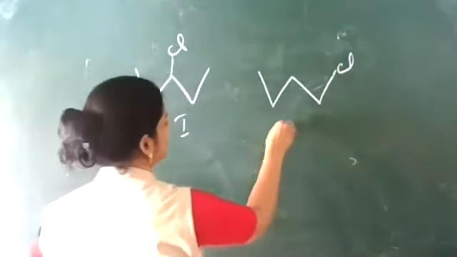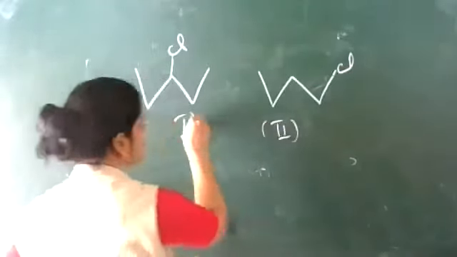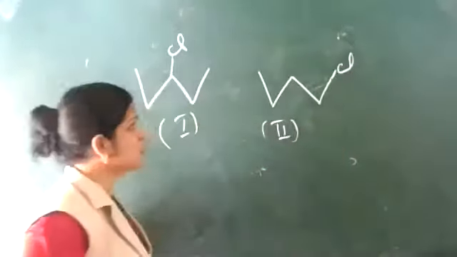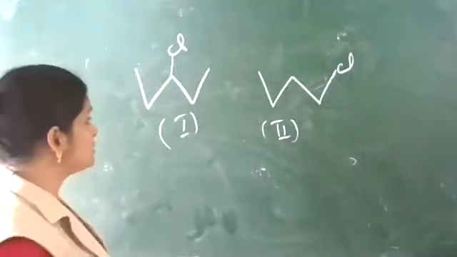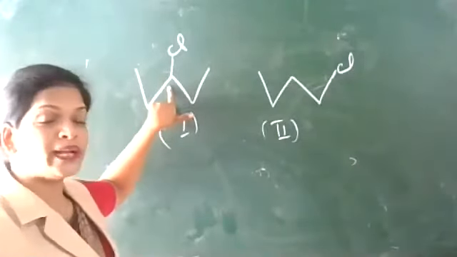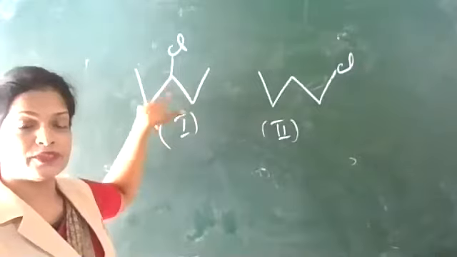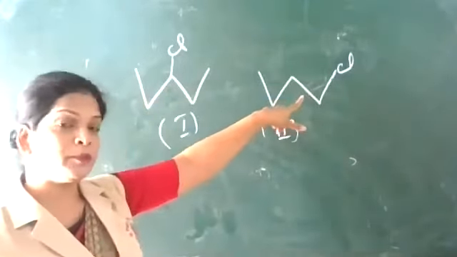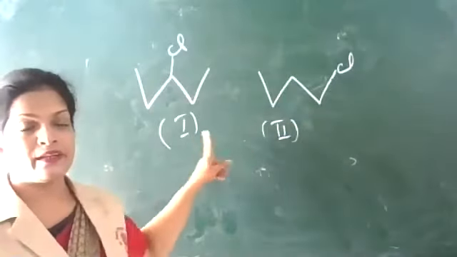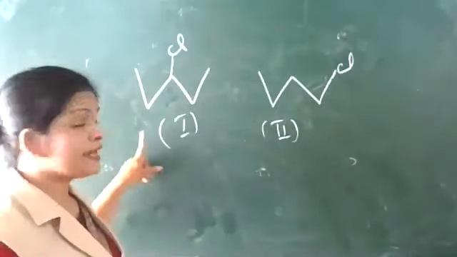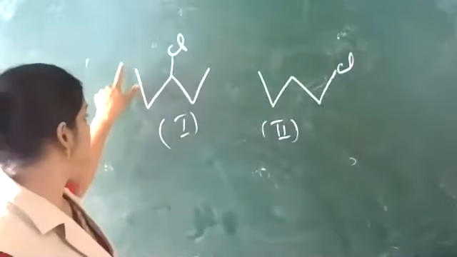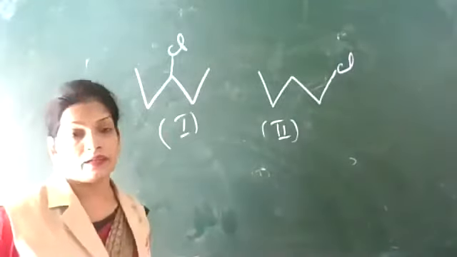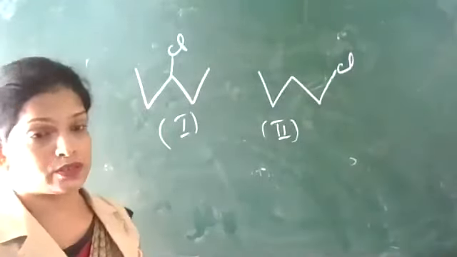Number one, number two, which will undergo SN1 reaction faster? This will undergo SN1 reaction faster because it is a secondary carbocation, whereas the other will give only a primary carbocation. Secondary is more stabilized by the inductive effect of alkyl groups, which can give electrons.